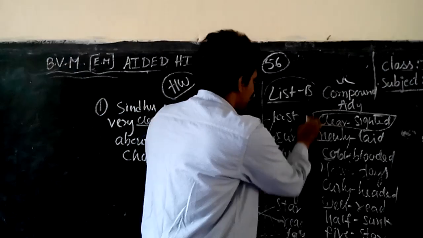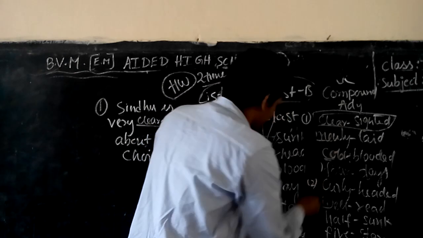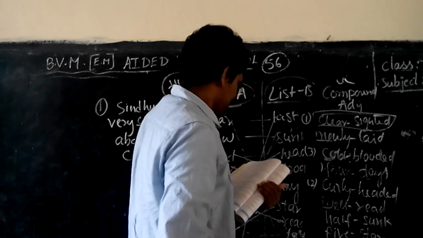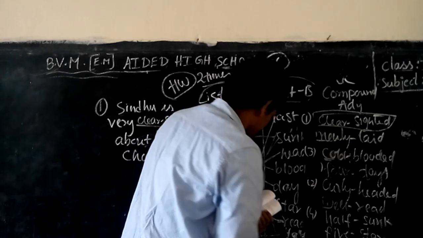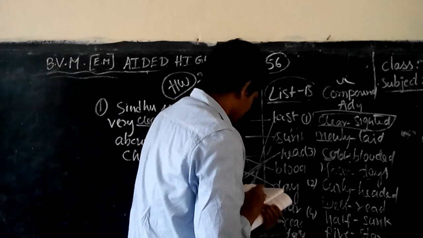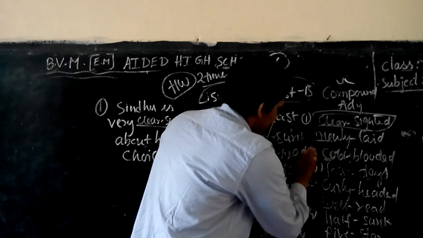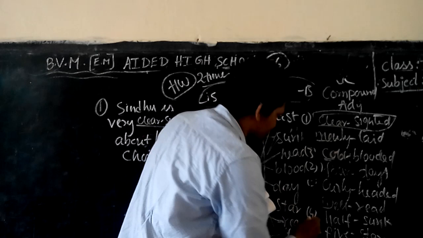So clear sighted is the first one, curly headed will be the second one, cold blooded will be the third one, and half sunk fourth one. Four days is second one, third one, fourth one, and fifth one half sunk.